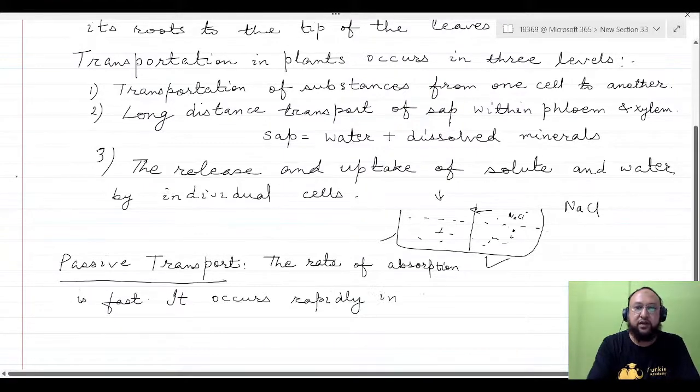in transporting plants, the movement of water.